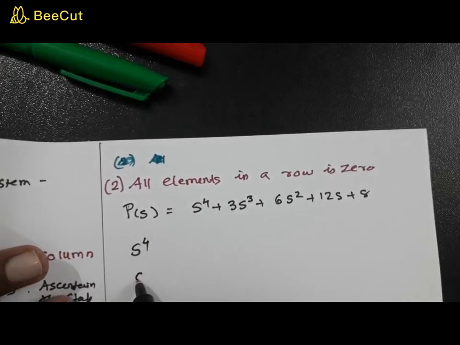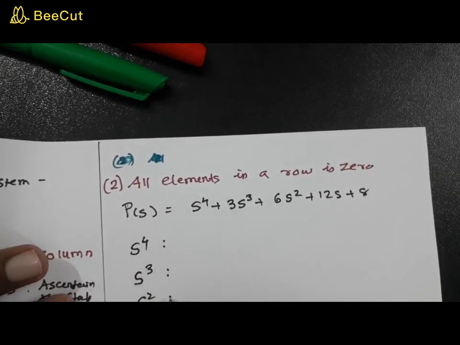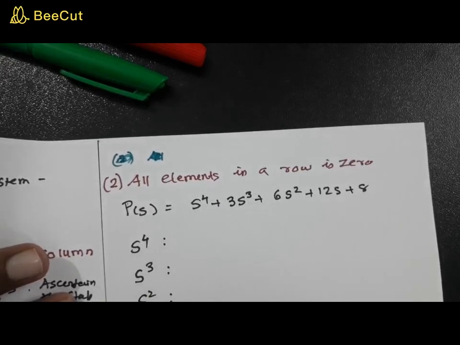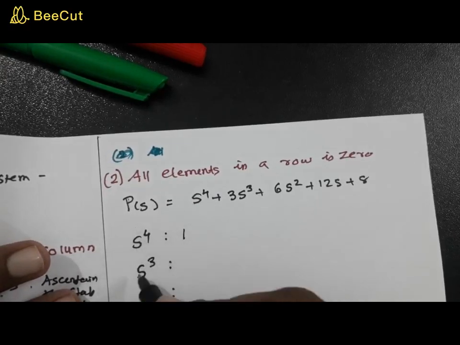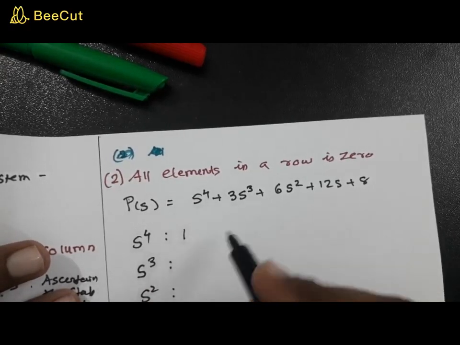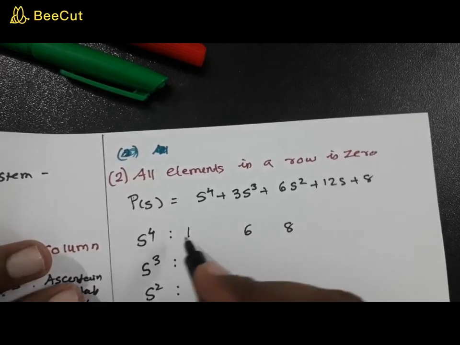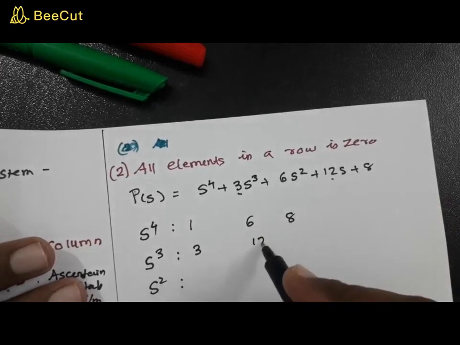So let us start like this: s raised to 4, s cubed and s squared. I will write the rest later. Write the first 2 rows from the equation. The first row will be 1, then 6, then 8, and the second row is 3, then 12, and then 0.